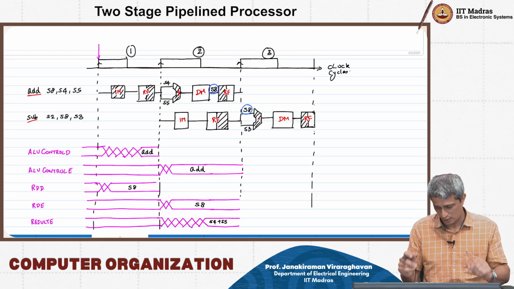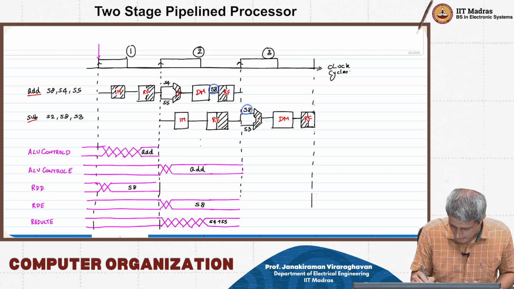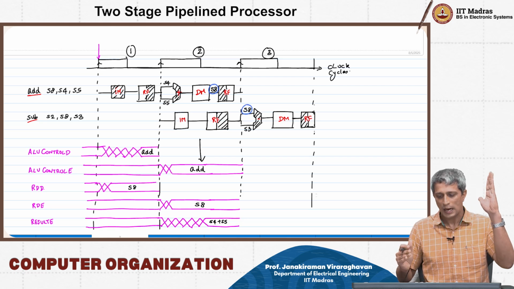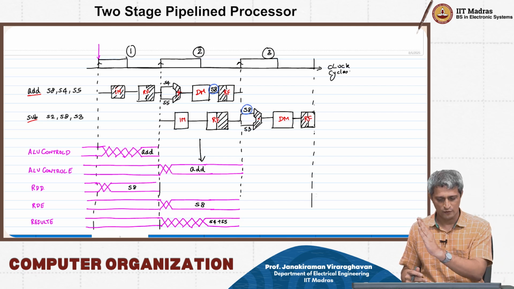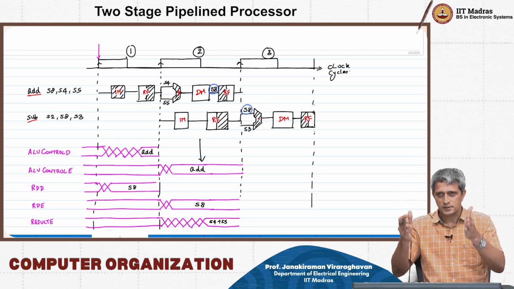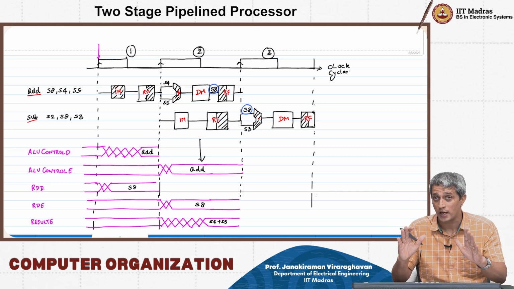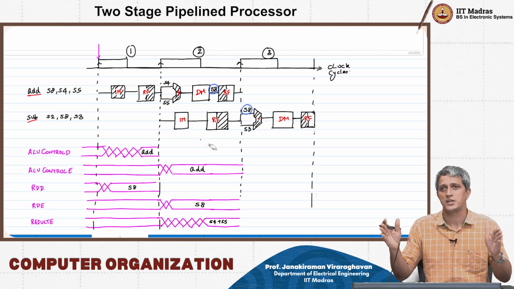Into S8. So now what you notice is these signals, the E signals, have all lined up well. You wanted to do add S8, S4, S5. All these signals in that execute phase have lined up well. If you wait long enough, I think that is the most important part in a combinational block.